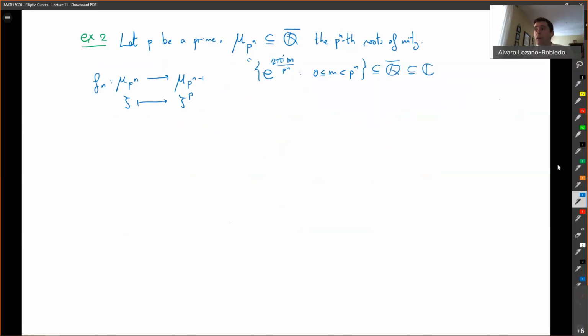So that gives me a map between the two, and I can define the inverse limit of the mu's like before, and now these are going to be coherent sequences of roots of unity, each one of a higher p to the nth power, such that when I raise to the pth power, I get the previous root of unity.